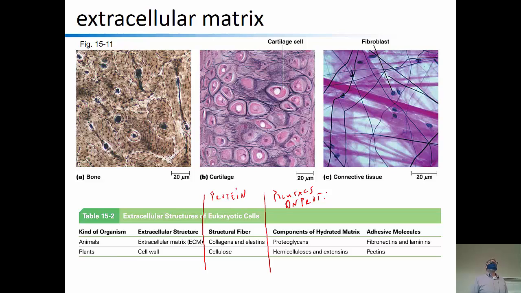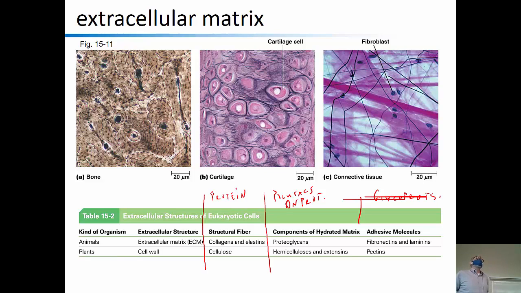And so those are proteoglycans, and these are huge molecules. And then there are going to be adhesive molecules, which are just flat out glycoproteins. And these include fibronectins and laminins. And so these 3 components make up the extracellular matrix.